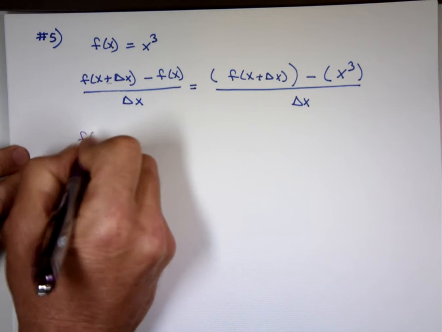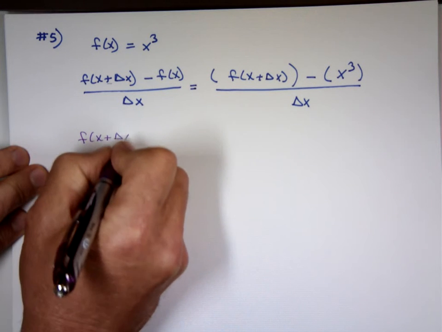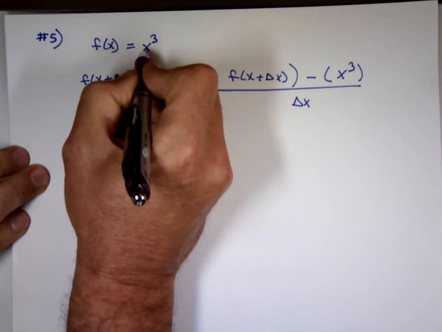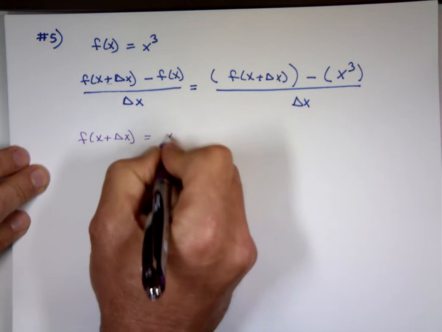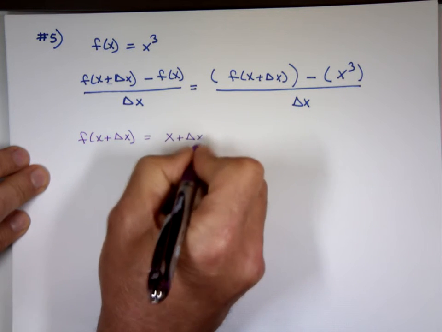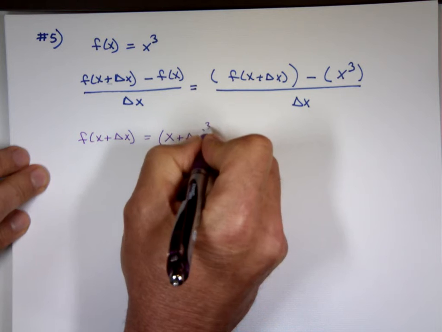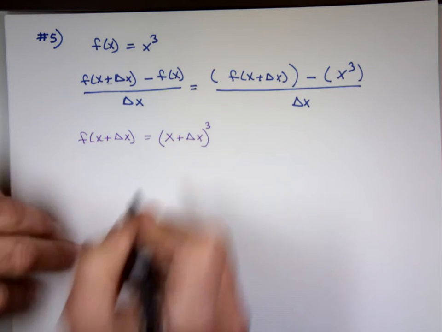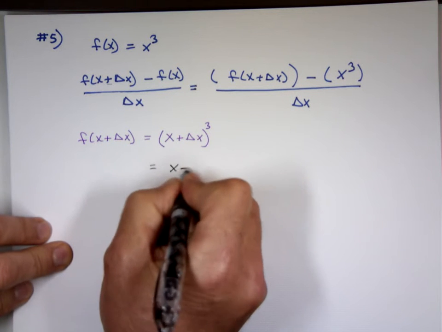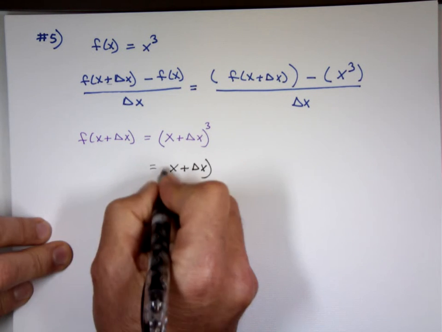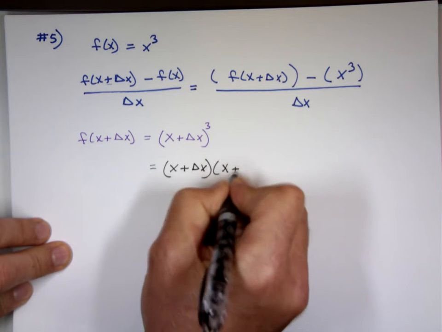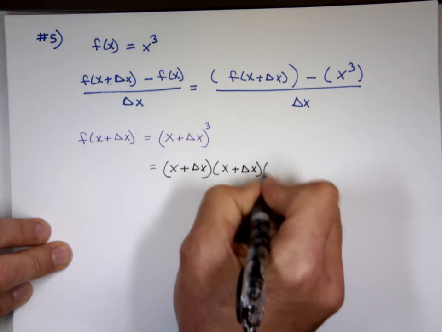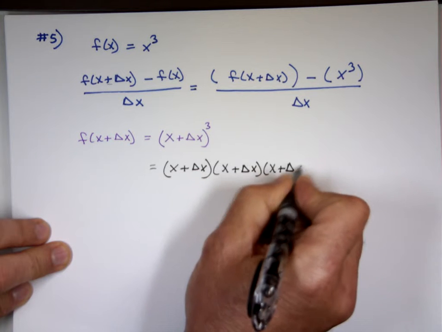Well, f of x plus delta x, it says go to the f function, which is this one, and replace x with x plus delta x, and don't forget to cube it. So what's that mean? It means x plus delta x times x plus delta x times x plus delta x, 3 times.